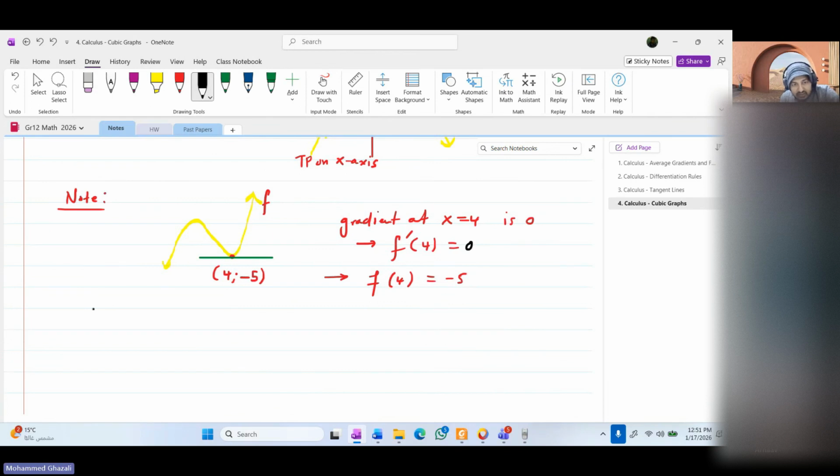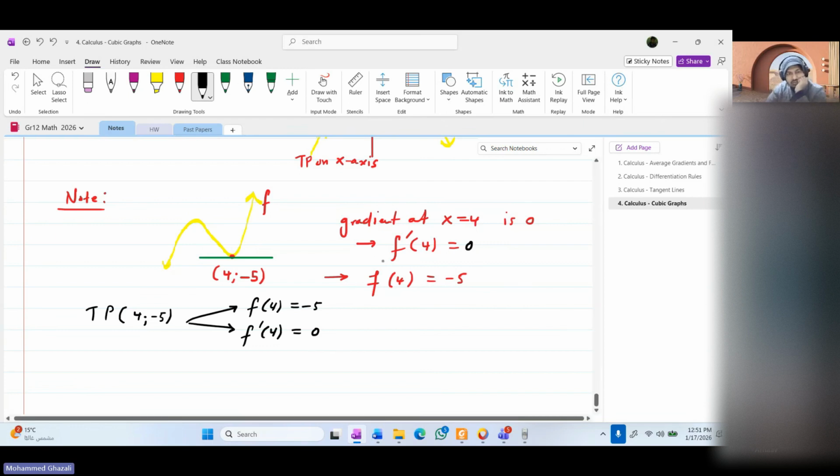So turning point has two equations. The first equation is f of 4 is equal to negative 5. And f prime 4, the gradient at 4, is 0. Are we good, Mishka? Yes, sir. Right. Now let's solve this question here because that's what they're going to ask us for.